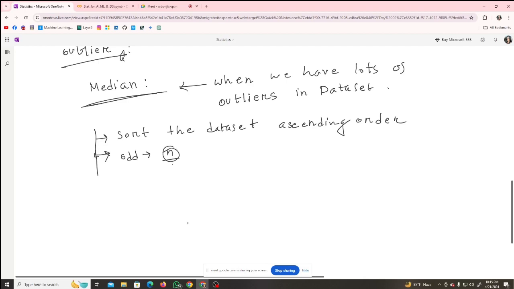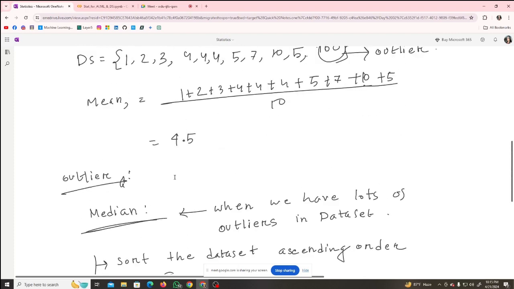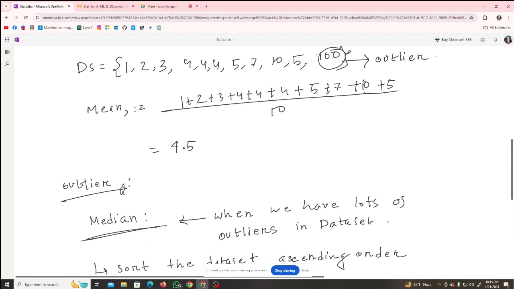And if the length of that array or the data set is even, you have to pick two numbers which are in the center, let's say n1 and n2, and you have to find the mean of these two numbers. So in this data set, our total number is 10, which is even.